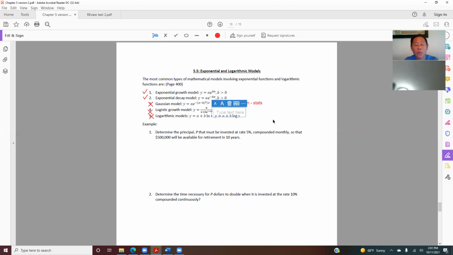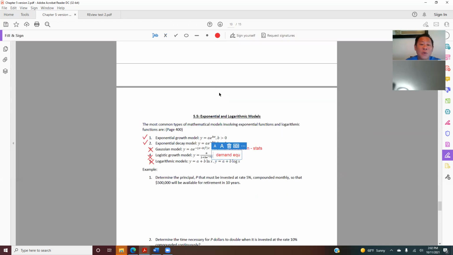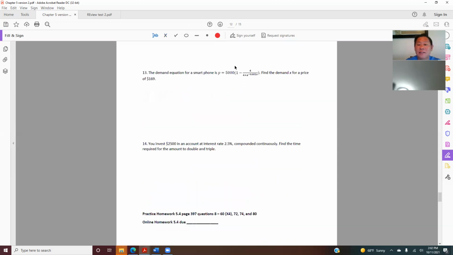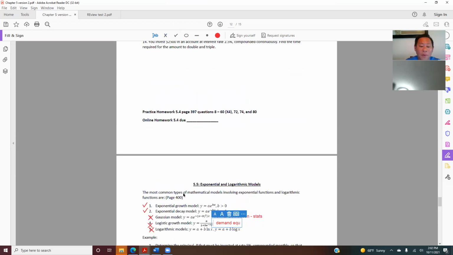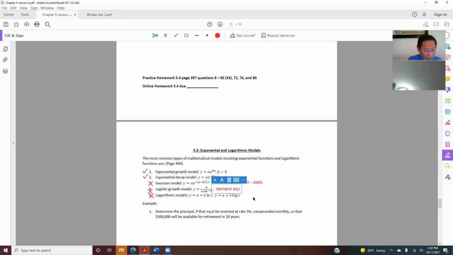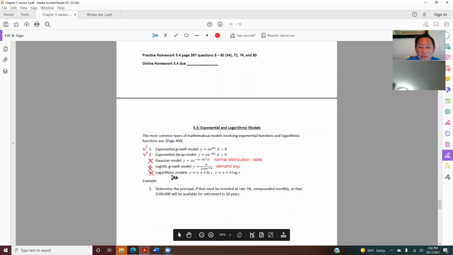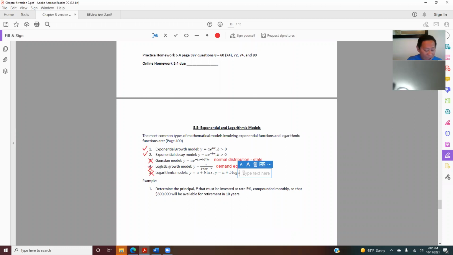The logistic growth model is used for things like the demand equations that you did in 5.4. That is the demand equations that you see on this. This is called a logistic growth model. Again, we are not concentrating too much on this formula.